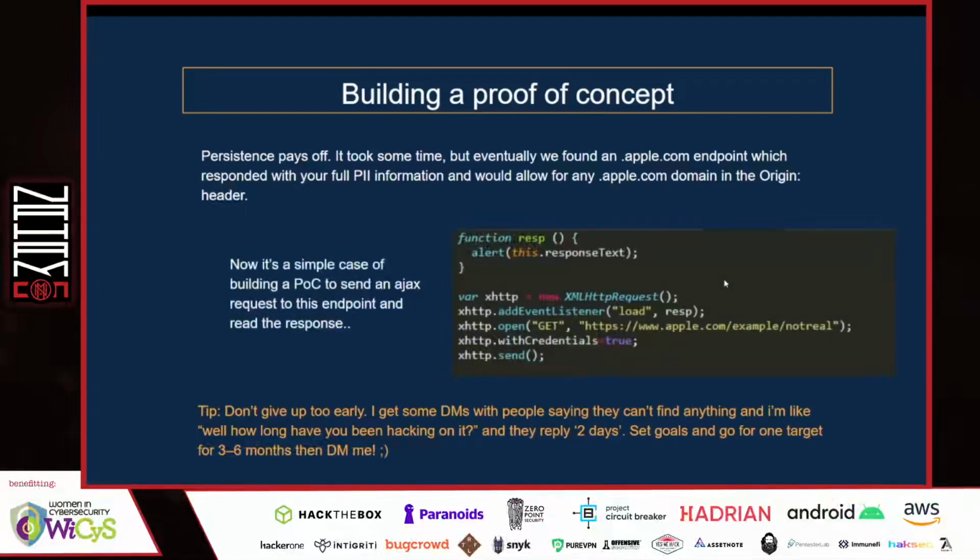So back to the XSS. Once we've got our XSS, we now have somewhere to leak the information. It's literally a simple case of building a proof of concept to send an AJAX request to this endpoint and then read the response. There's some basic JavaScript which sends a GET request to the endpoint apple.com/example, not real. Now, withCredentials true says to the browser, send this user's session cookies with the request.